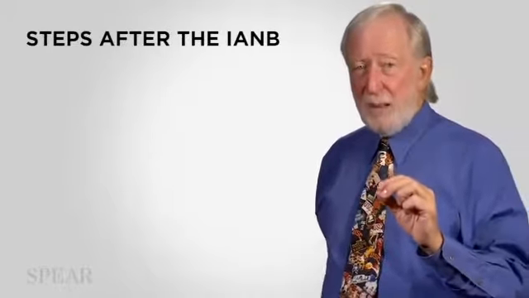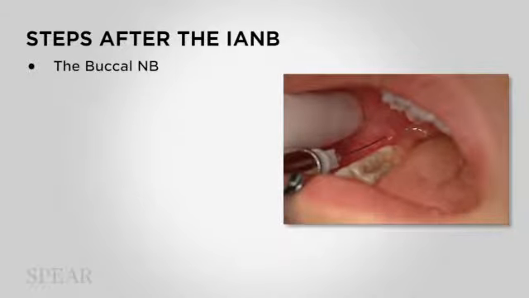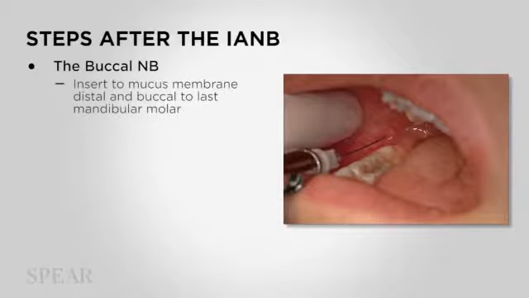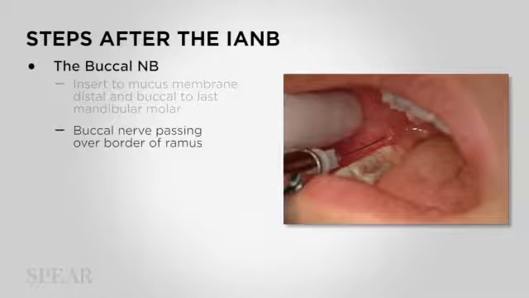So once we finish doing the inferior alveolar nerve block, we then pull the syringe out using the same syringe, same needle. We have a little bit of anesthetic left in the cartridge, and we insert the needle into the buccal fold, just distal and buccal to the last tooth in that quadrant, usually the second or third molar.